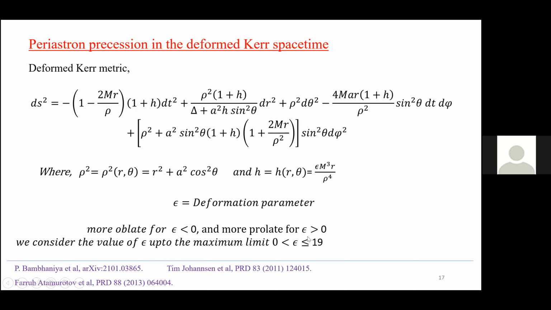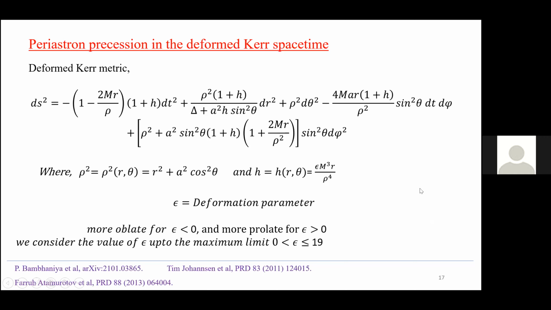So in this paper, it is stated that the deformation parameter is unconstrained. However, in other papers, the authors discussed that the possible maximum value of the deformation parameter is less than or equal to 19, and that value is defined by some Faraday rotation polarization experiment.